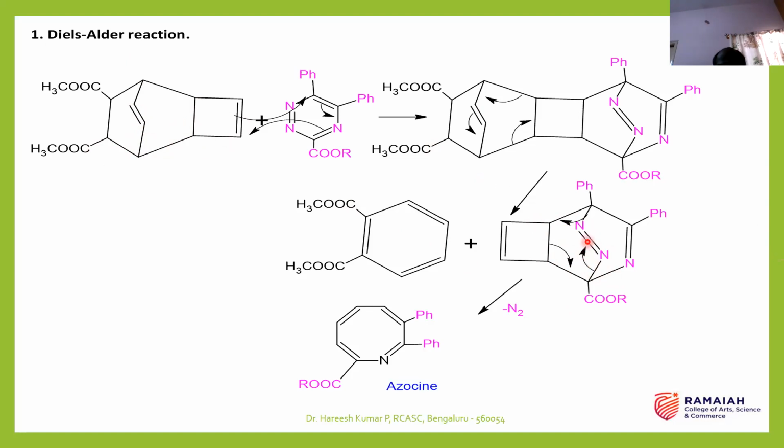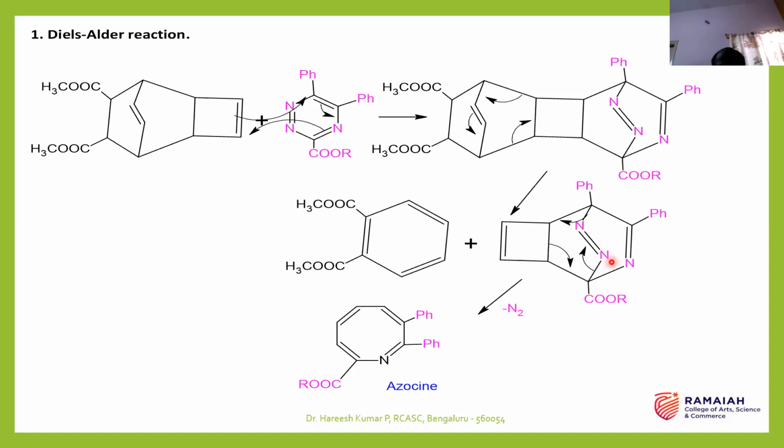This bond pair is coming over here, and there will be a formation of N triple bond N. The obtained one is an 8-membered nitrogen-containing heterocycle, and the name of this compound is azocine.